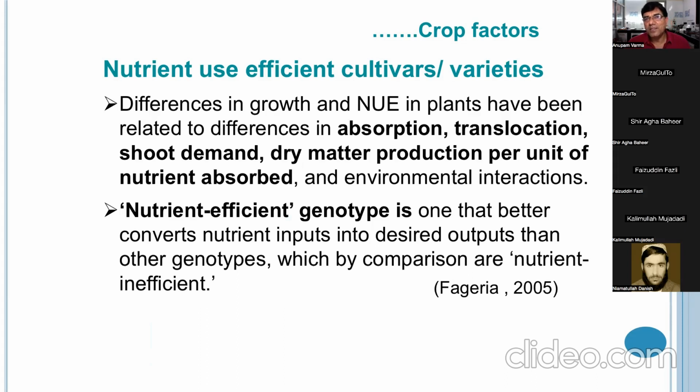The main differences exist in the root architecture. Certain varieties, genotypes, or crops have very fine roots and long roots. Friends, there are 4 kinds of spreading mechanisms in the root.